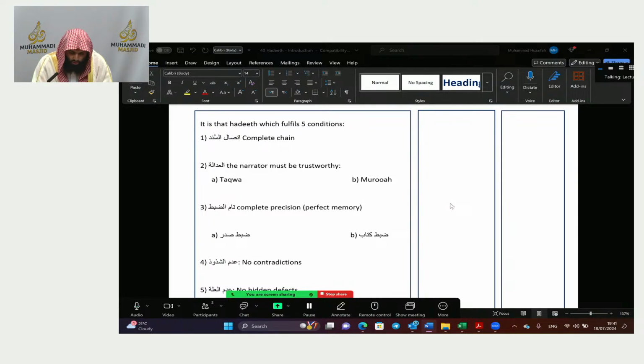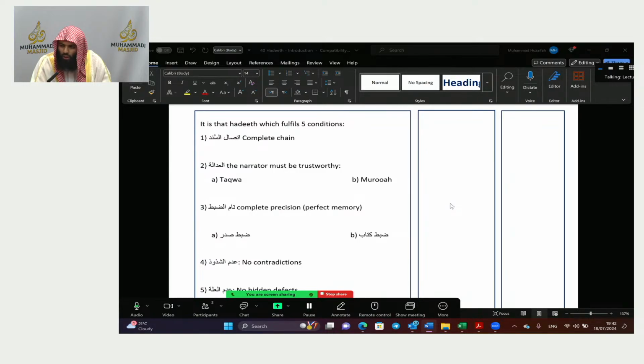The first condition which has to be there in Arabic is known as ittisalus sanad, a complete chain, i.e. a complete chain of narration. So remember, you might even notice the Arabic word ittisal, which means complete, yani connected.